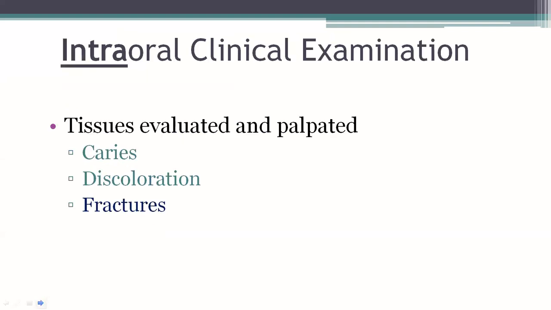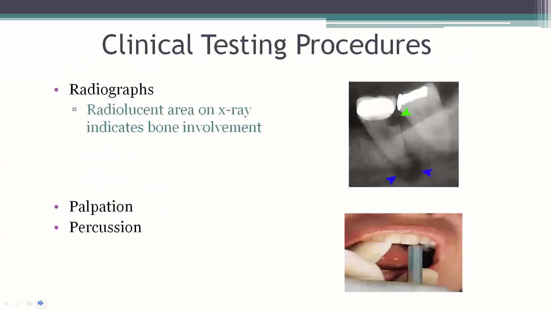Now, in the intraoral clinical examination, the tissues are evaluated and palpated in order to look for any caries, any discoloration, any fractures. But the clinical examination needs to have the help of some type of auxiliary tests. For that, we're going to do clinical testing procedures.